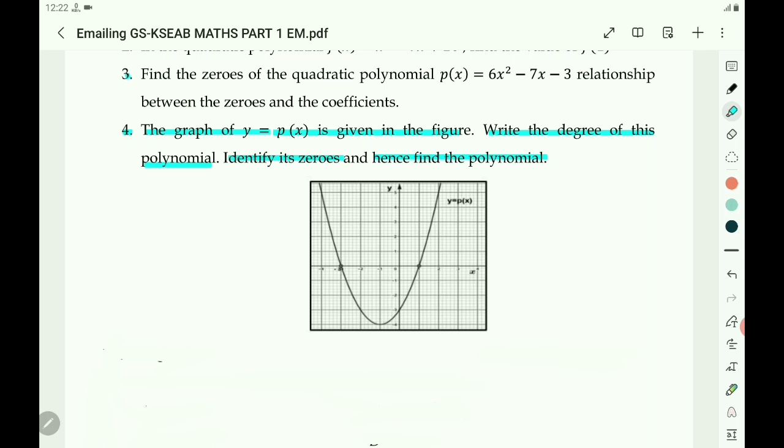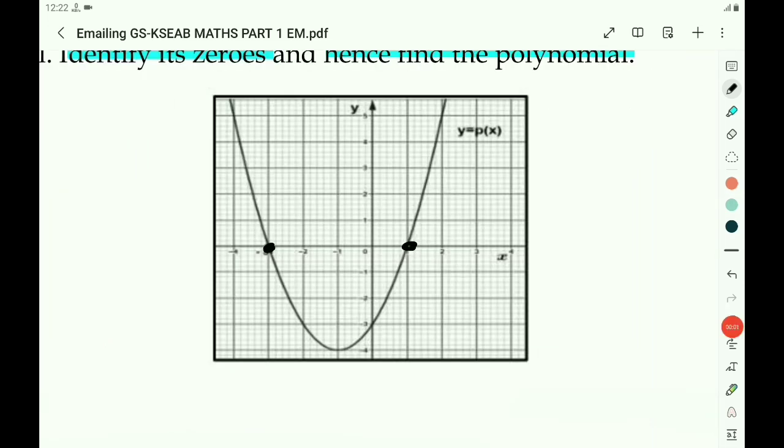Here the graph is given. To find the zeros, we have to verify the point of intersection of the graph with the x-axis. Here you observe 2 points. Find the x coordinate. This is 1, this is 2, this is 3, 4 and this is 0, minus 1, minus 2, minus 3.